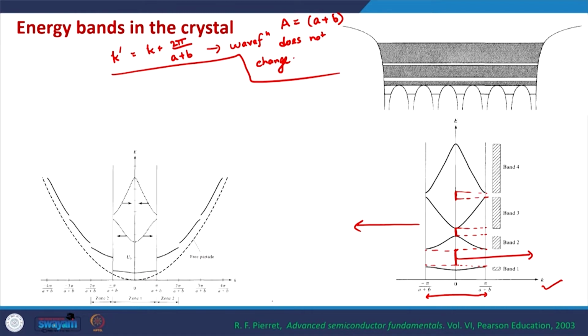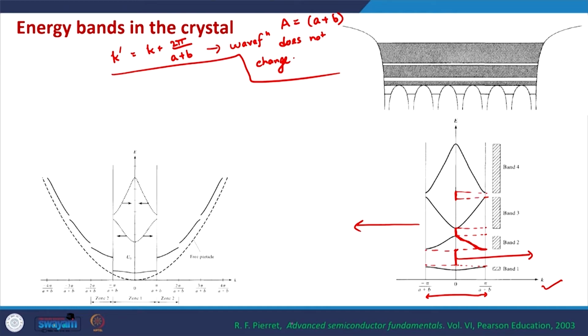So, what we can do is we can now shift this plot by 2 pi by a plus b in either direction, left or right.